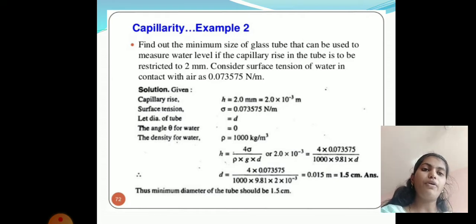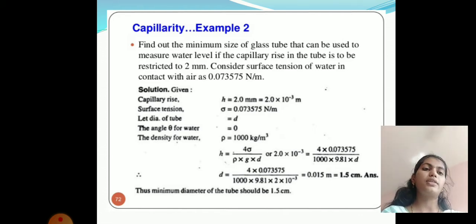Now the second example: find the minimum size of a glass tube that can be used to measure water level if the capillary rise in the tube is to be restricted to 2 mm. Consider the surface tension of water in contact with air as 0.0755 Newton per meter.